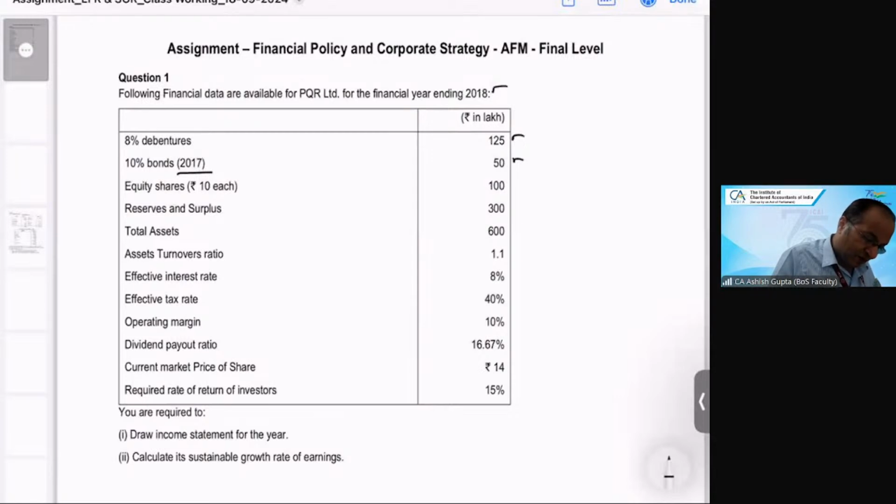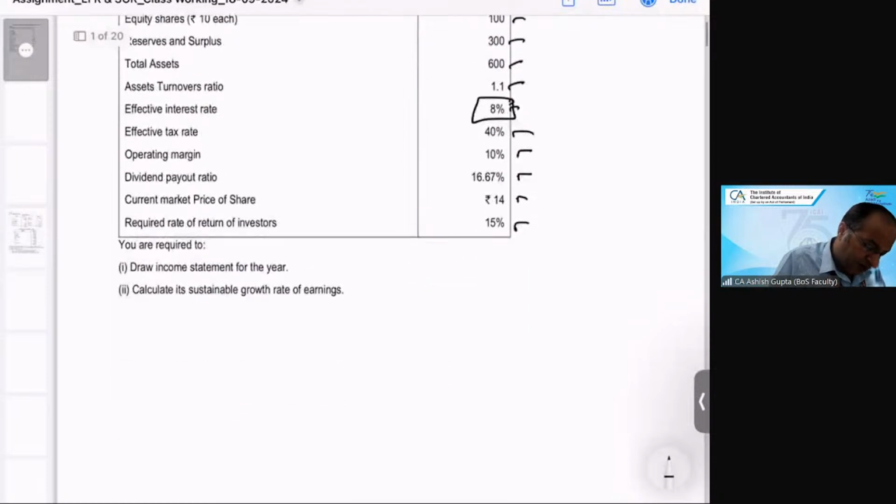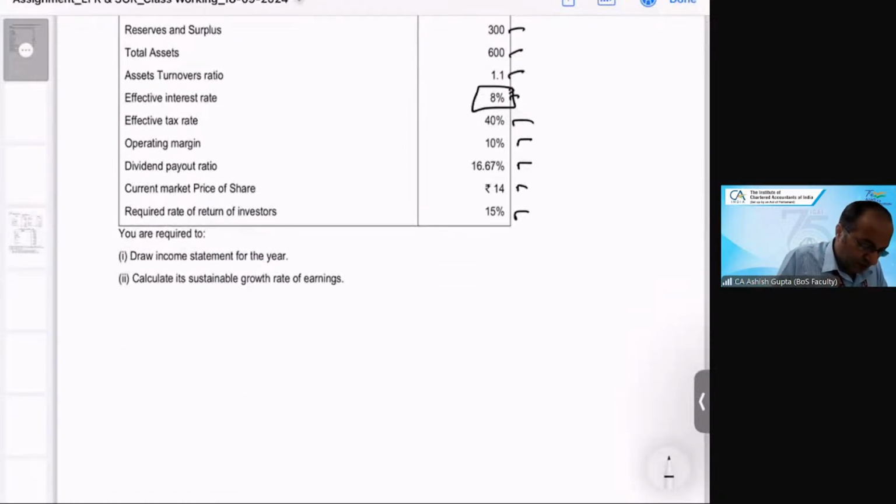Equity shares are 100 lakh rupees. Then reserve and surplus, total assets, asset turnover ratio, and effective interest rate, which is a very important figure that I will show how we shall use here. Then effective tax rate, operating margin, dividend payout ratio, current price of the share and required rate. First of all, it asks us to draw out the income statement for the year. Then it says calculate the sustainable growth rate of the earnings, SGR.